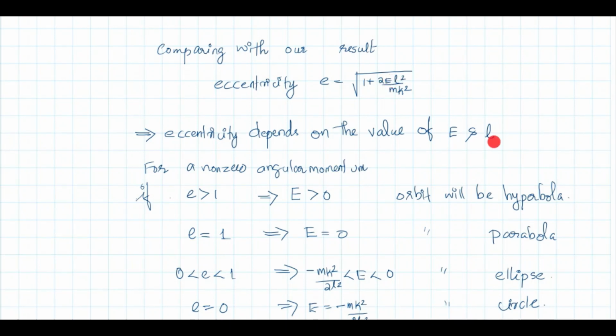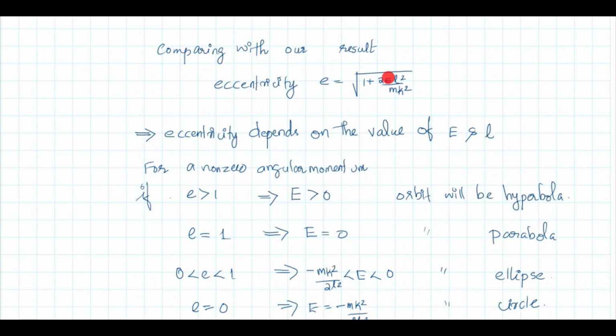Now if you consider a case of non-zero angular momentum, then we can have these four cases. First, if the total energy E of the particle is greater than 0, then the eccentricity will be greater than 1, because all these quantities are positive.